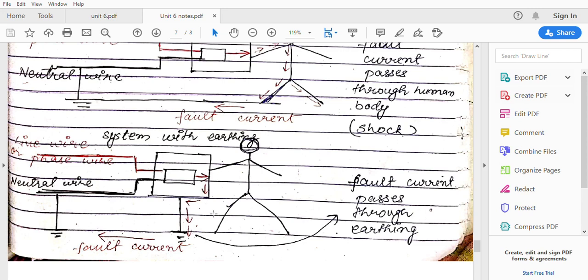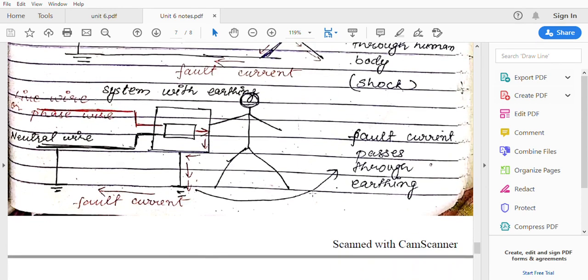So suppose you and this path are connected in parallel, but most of the current will flow through this only, because this is providing low resistance, and you will be having some resistance, humans have some resistance. Okay, so if this system is earthed, then in case of any fault, the current will flow through this and complete its path through here. So this is how equipment earthing is done, and you are in safe hands, you won't get a shock.